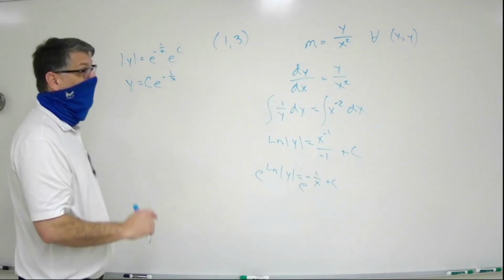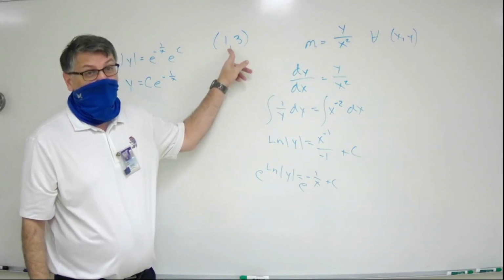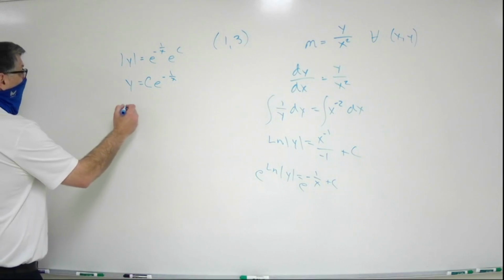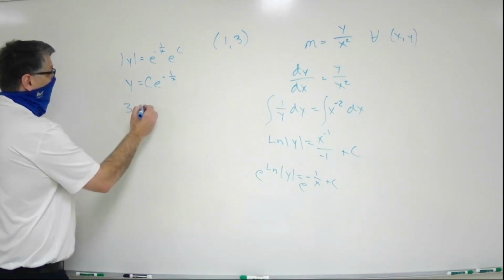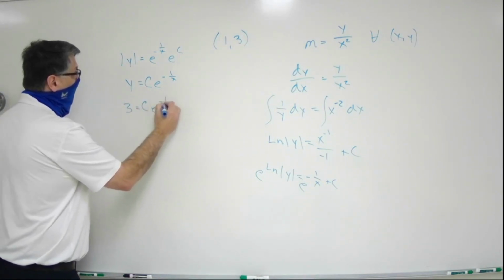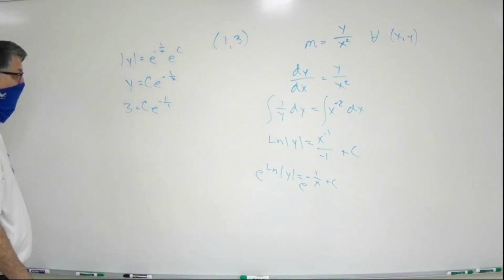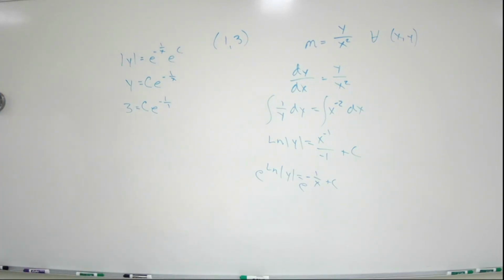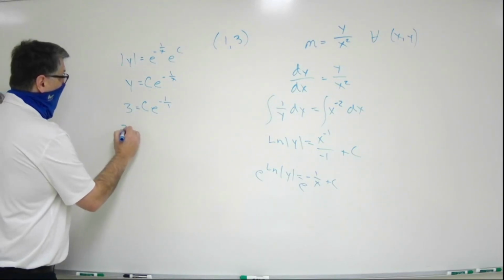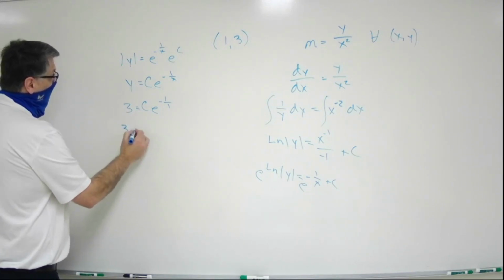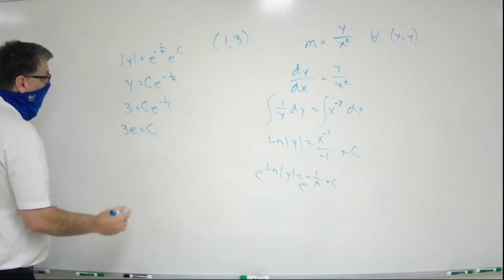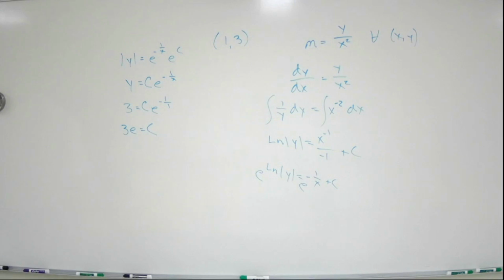My y value, let's just make sure, it's 3, right? I've been screwing up points all week. 3 equals c e to the negative 1 over 1. Which now when I solve for c, I get 3e equals c. Is that right?